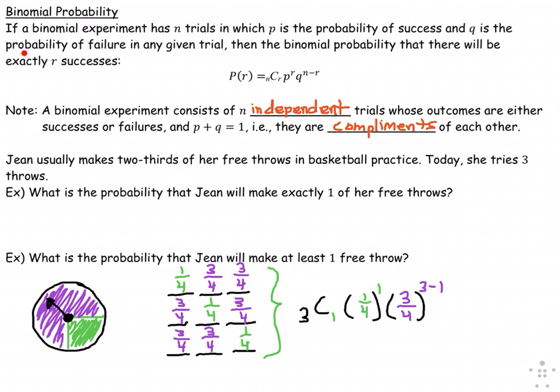Q is the probability of failure. And given our successes, this is the formula. So please note that the sum of the probability of success and failure always equals 1 because they are complements of each other.